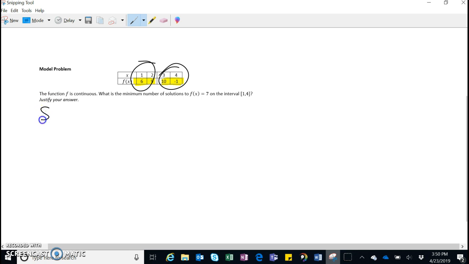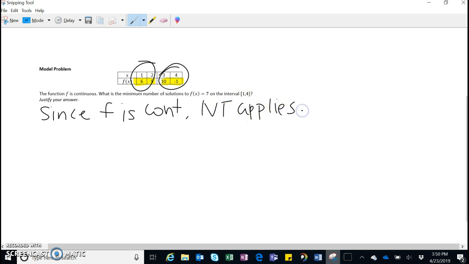So I'm going to start with, since f is continuous, IVT applies. That's a blanket statement that we need to give at the beginning to capture our condition, and then we can get into the root of this problem.